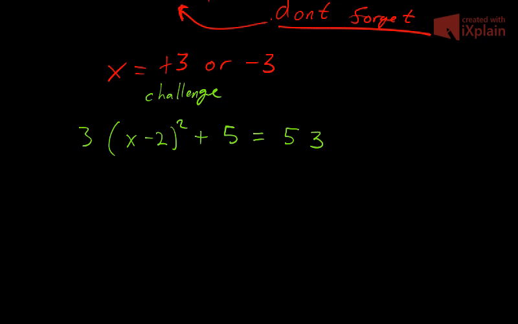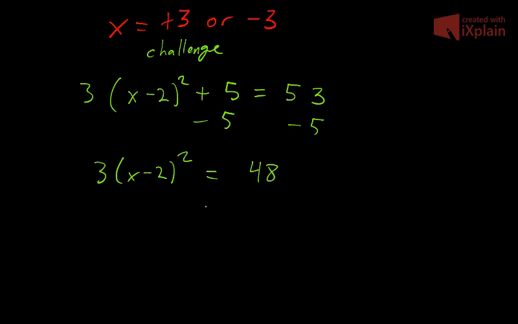So I'm going to start by subtracting 5, because that seems pretty easy, and I'll end up with 3 times (x minus 2) squared equals 53 minus 5 is 48, after which I'm going to want to divide by 3, and I will get (x minus 2) quantity squared equals 48 divided by 3, and 48 divided by 3 is going to be 16.